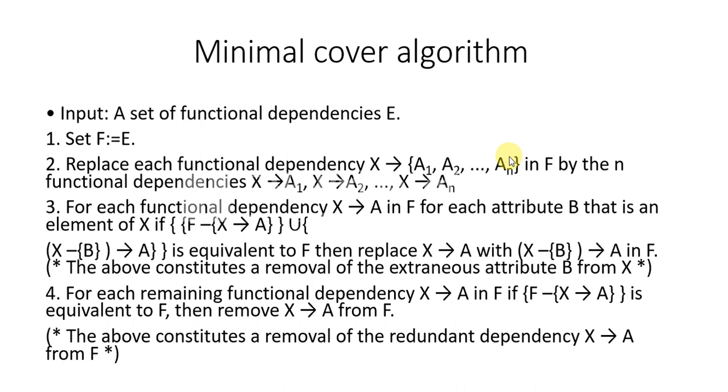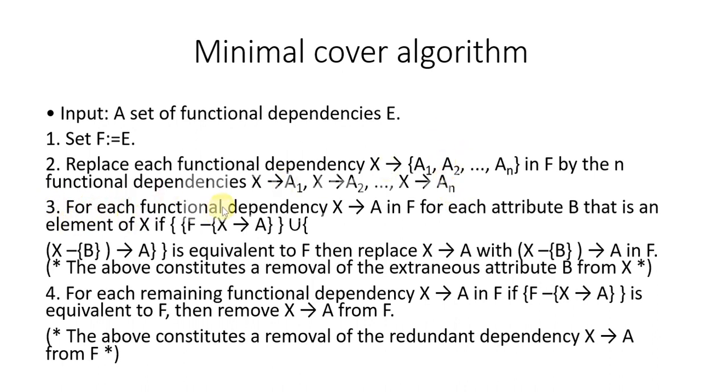And the third case is for each functional dependency X to A in F, for each attribute B that is an element of X, if F minus X to A union X minus B to A is equivalent to F, then replace X to A with X minus B to A in F.